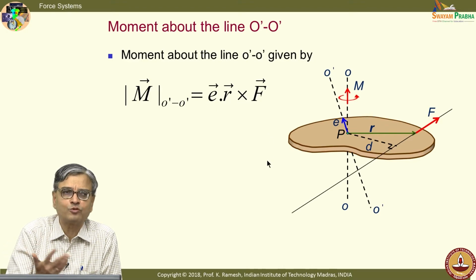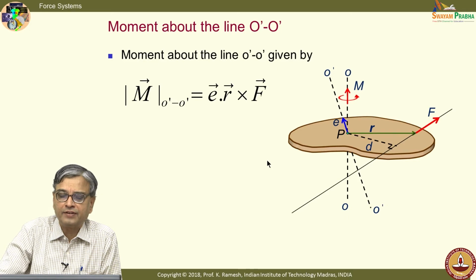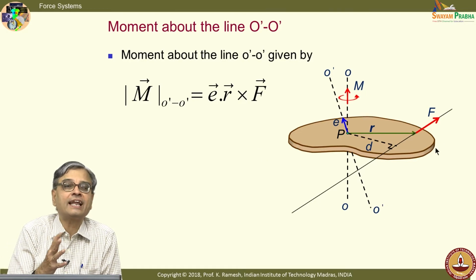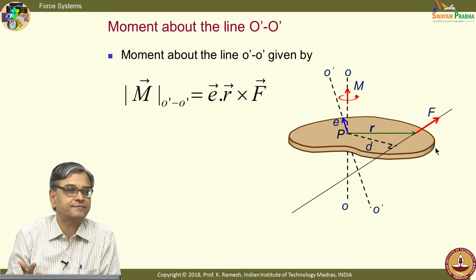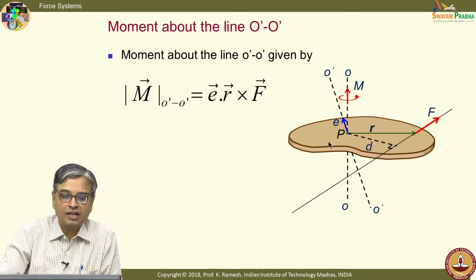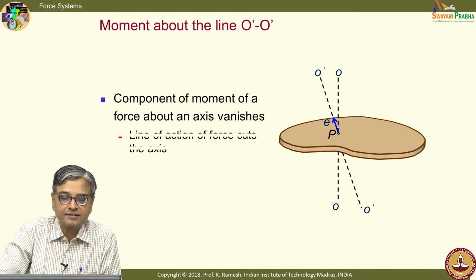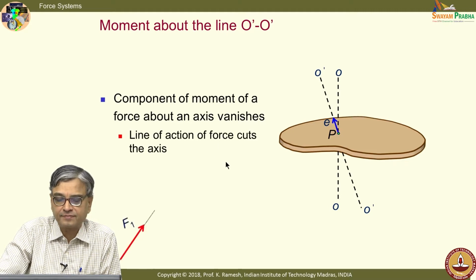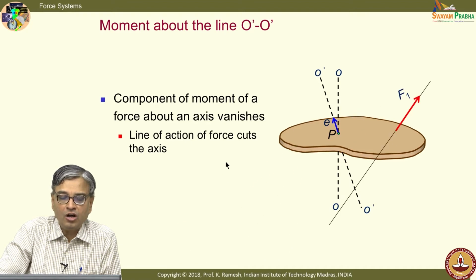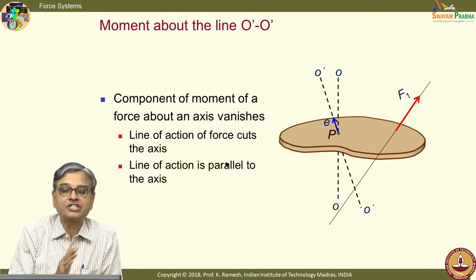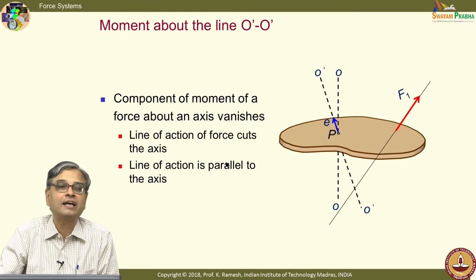It is very simple for you to do that, there is no difficulty in getting it, but I can also appreciate it from the way the force interacts with the line of interest. There are two cases where the component of moment vanishes about an axis: when the line of action of force cuts the axis like this, or when the line of action is parallel to the line of interest.